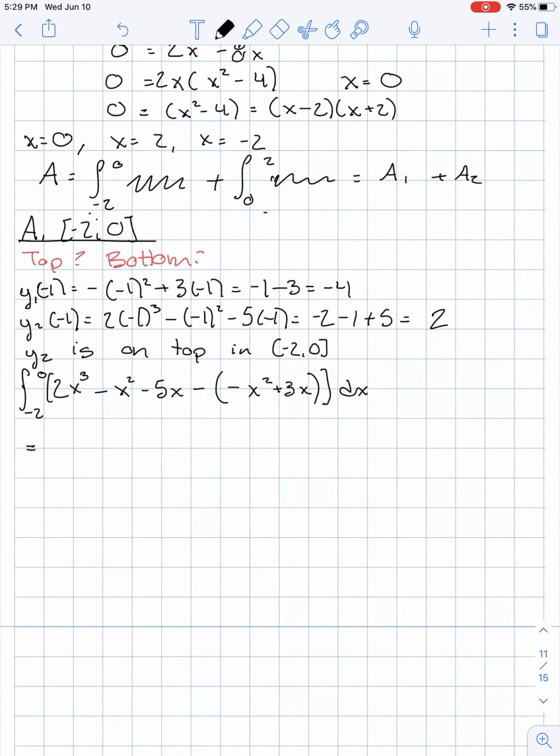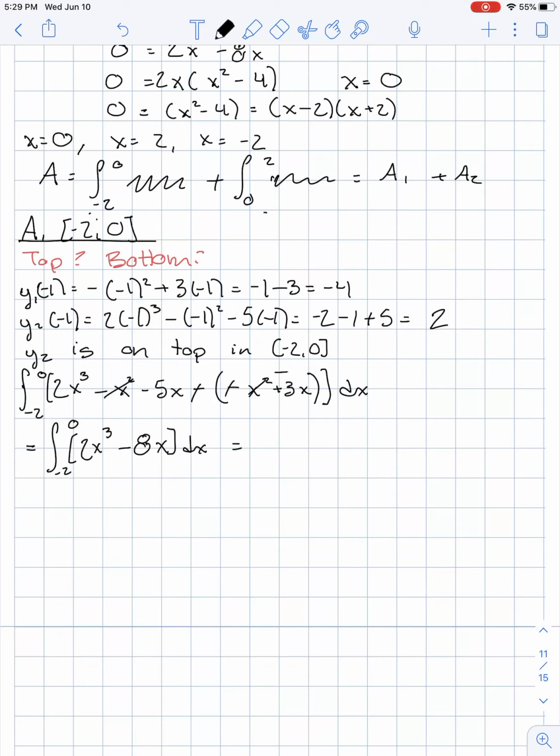So that equals the integral from negative 2 to 0. Let's see. That's going to be 2x cubed minus, so if I distribute this negative, that's going to be a plus x squared, minus x squared just goes away. And minus 5x minus 3x, so I'll get minus 8x.